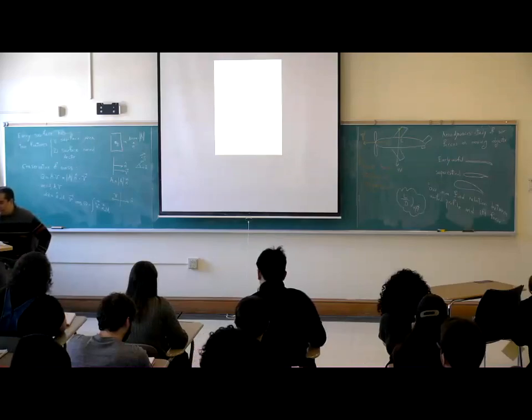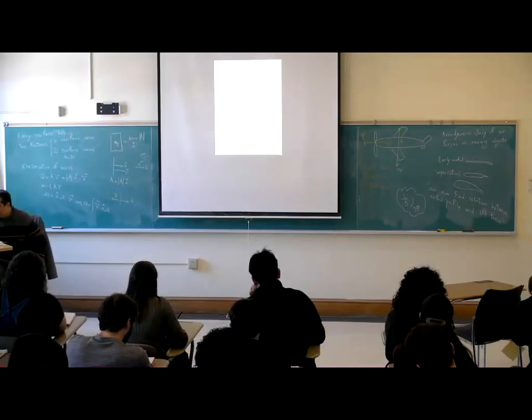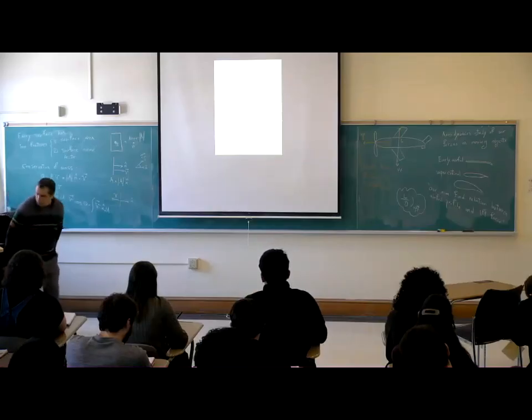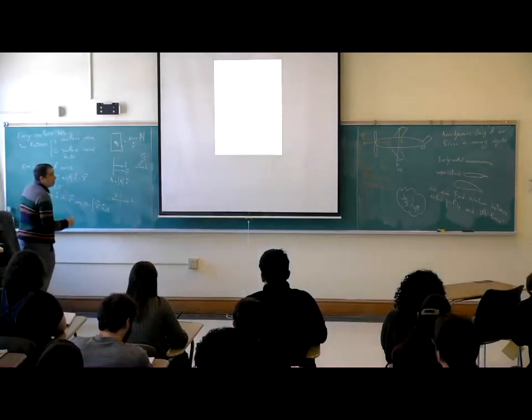Mass flow rate is equal to rho multiplied by volume flow rate, or volume flux: rho V dot N dA.